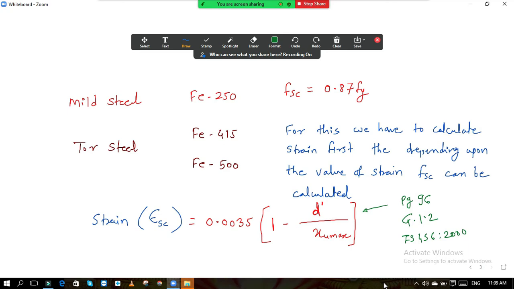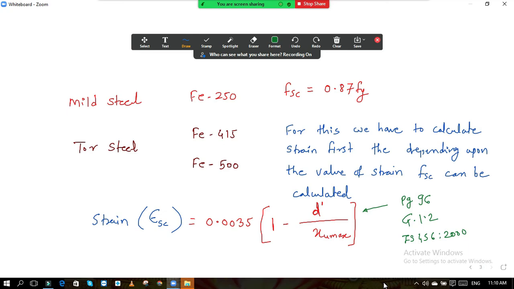So to calculate the stress in steel in compression zone for Fe415 and Fe500, first I need to calculate the strain at that level. And how do I calculate the strain? By this formula, 0.0035, given in IS 456-2000, clause G1.2, page number 96. So there is no need to memorize this formula. In this way I can calculate the strain.